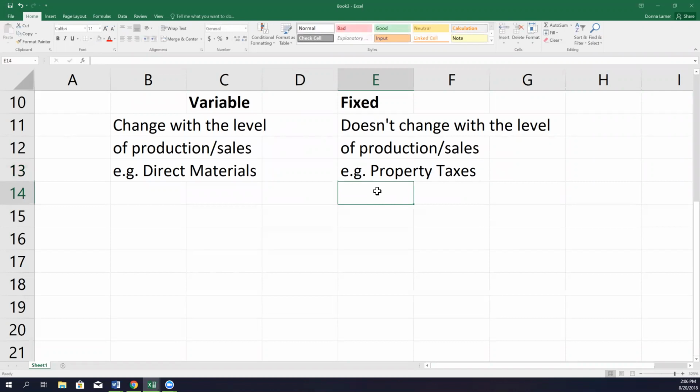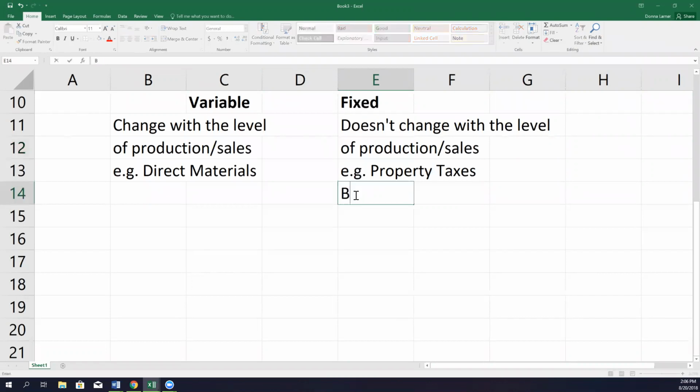Its current value will help determine what its property taxes are. But what doesn't do anything to the property taxes is how much you're going to use the building for production. So if you run 3 shifts and you're producing just as many as your machinery and current labor force can handle, their property taxes aren't going to be any different than if you run 1 shift and they're barely working. You're still paying for the same property taxes on the same building. So we say that that is fixed.